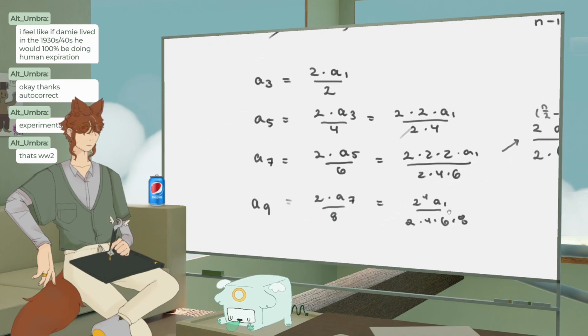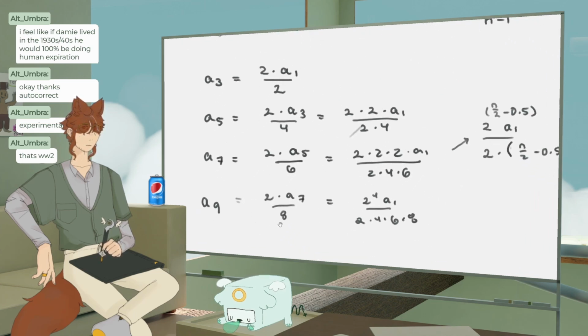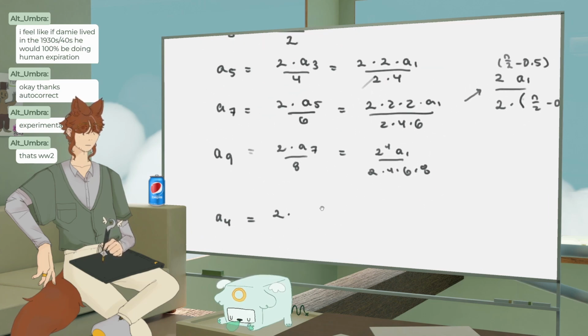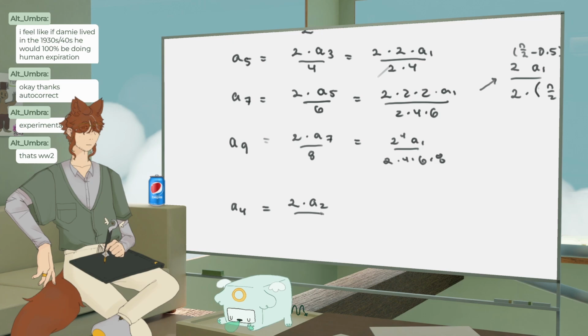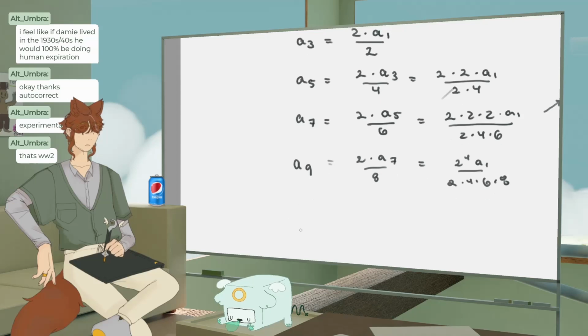We have to do the other one now. a0. Can I do a0? I don't think I can do a0. Sorry, a4 equals 2 times a2 over... Well, I guess I should put in a2 first. A2 equals 2a0.